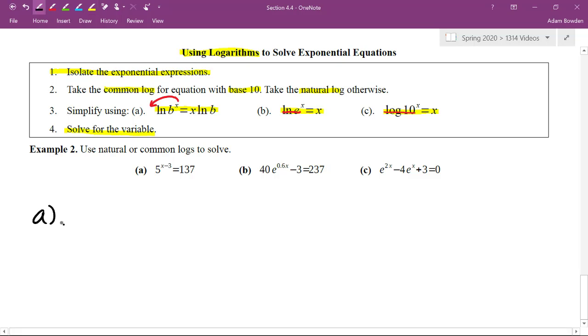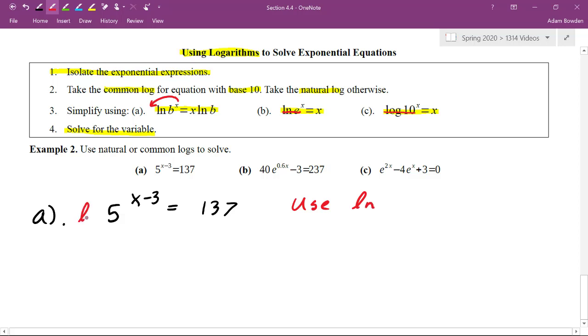So let's look at one example here that goes 5 raised to the x minus 3 equals 137. Now this is certainly a situation where we can't get the same base on both sides. And so what I'm going to do in order to solve is I'm going to use the ln, the natural log.